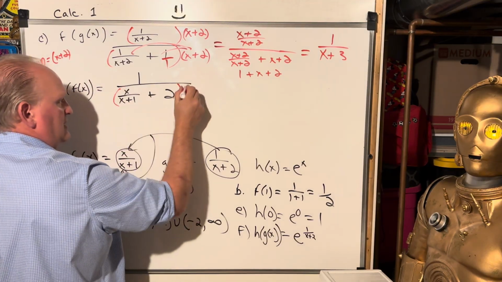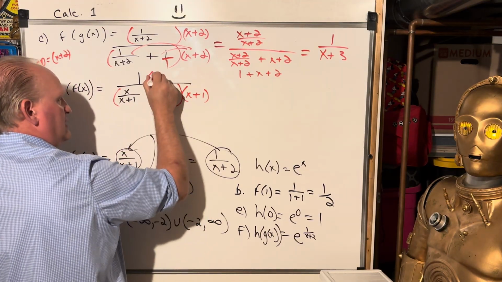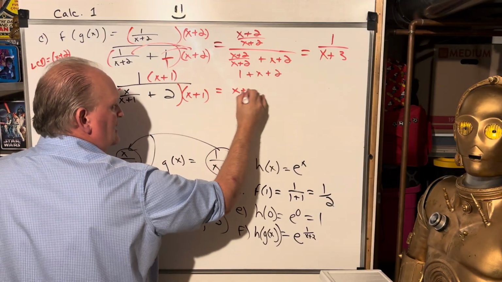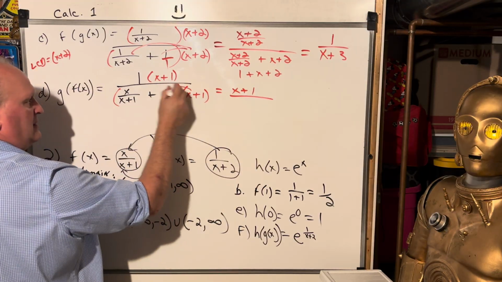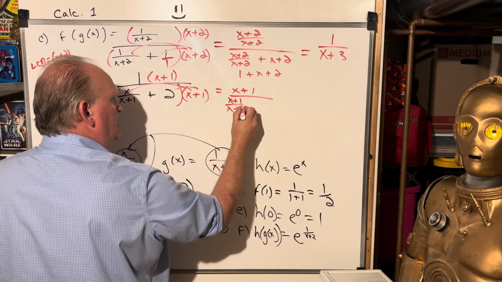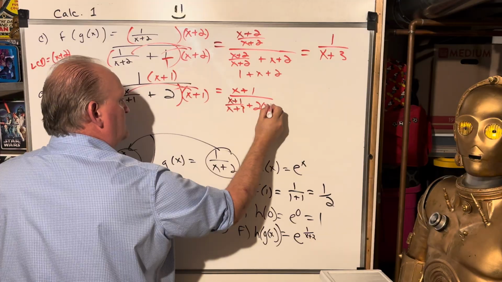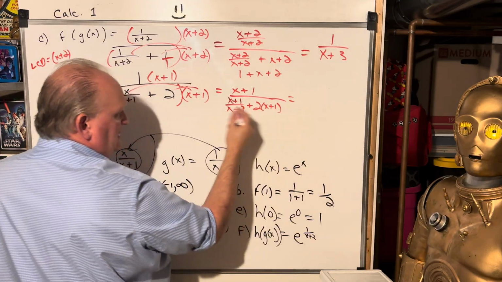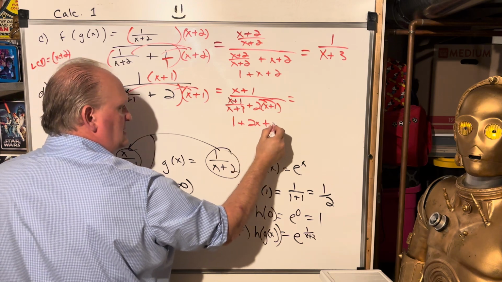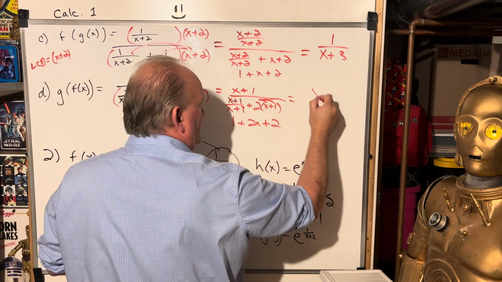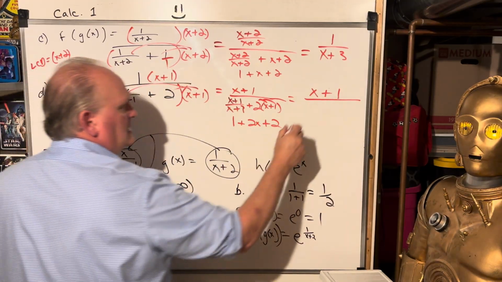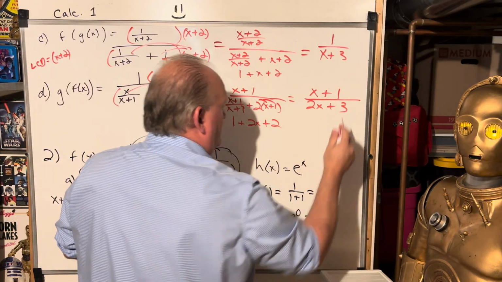We're going to take this times x plus 1 and this times x plus 1. On the top, I get x plus 1. In the denominator, I do the distributive property. I get x plus 1 over x plus 1 plus 2 times x plus 1. And then if I simplify, this is 1 plus 2x plus 2. And so I end up with x plus 1 in the numerator and 2x plus 3 in the denominator.